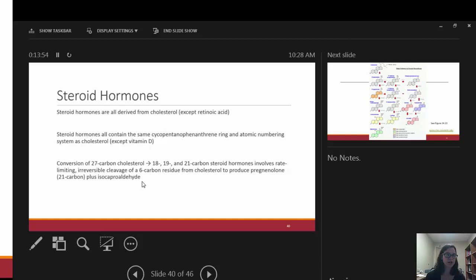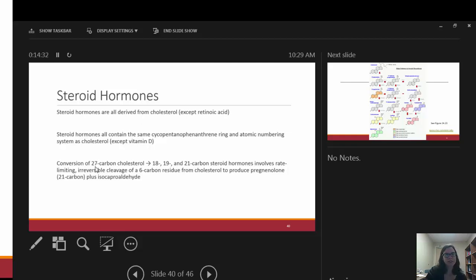Almost all steroid hormones are derived from cholesterol, except for retinoic acid, which is from vitamin A. They also all contain the same basic structure as cholesterol, except for vitamin D. So the conversion of the 27-carbon cholesterol to the 18, 19, or 21-carbon steroid hormones involves a rate-limiting, irreversible cleavage of a 6-carbon residue from cholesterol to produce a substrate called pregnenolone, which is a 21-carbon.